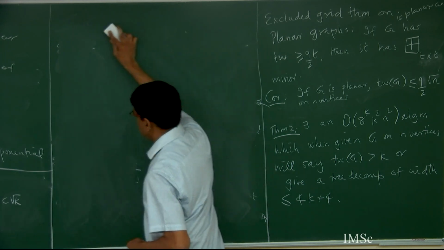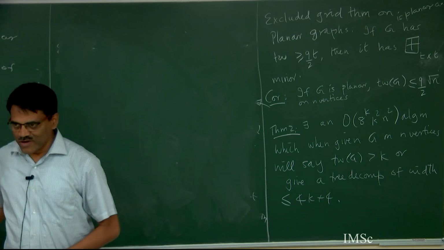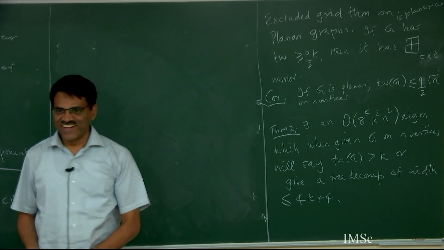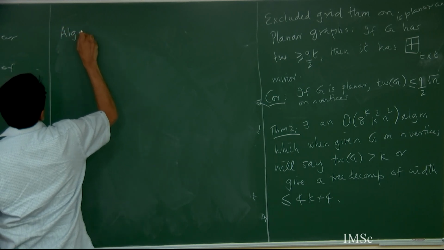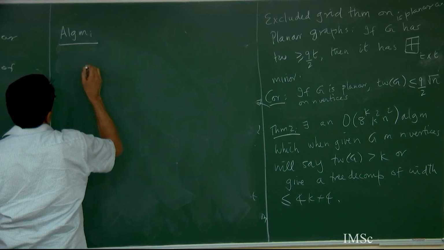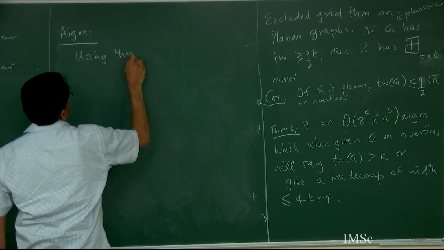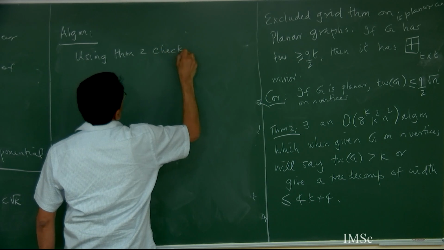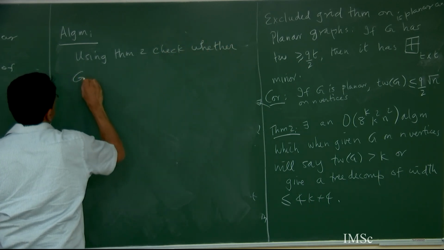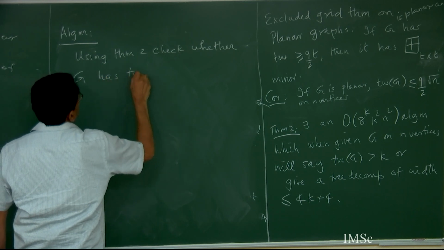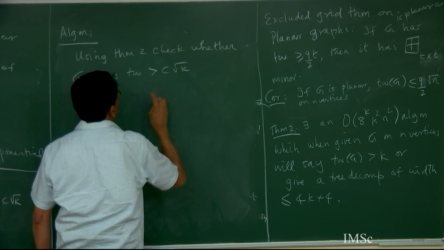Now think of the proof of this using that theorem. So the algorithm: using theorem 2, check whether G has tree width greater than c root k.